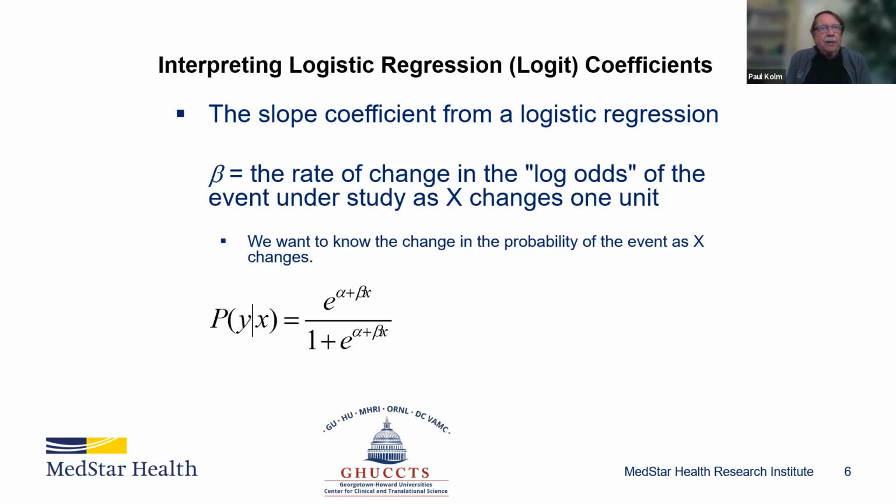The probability of the event is just the exponentiated regression equation divided by 1 plus the exponentiated regression equation. And so we can calculate the probability of the event given any particular value of the independent variables.